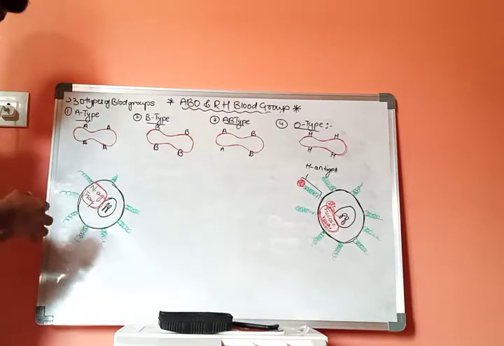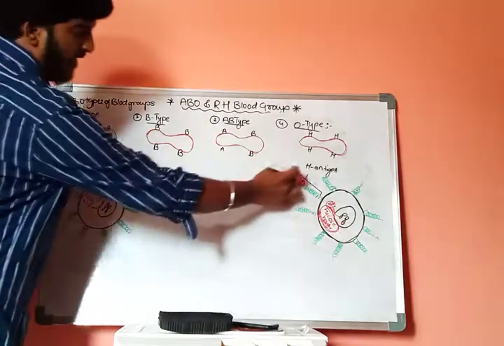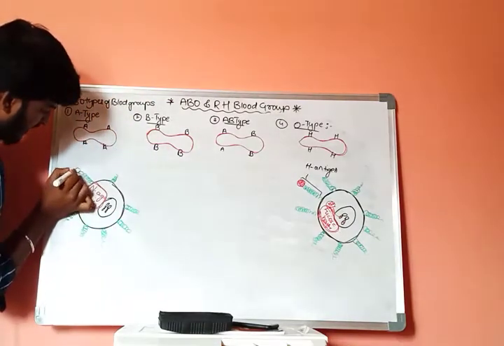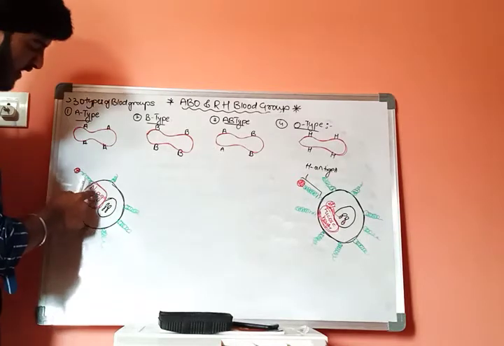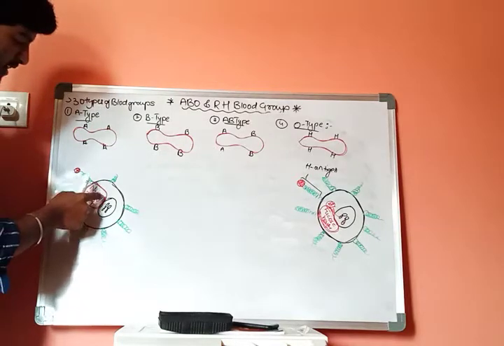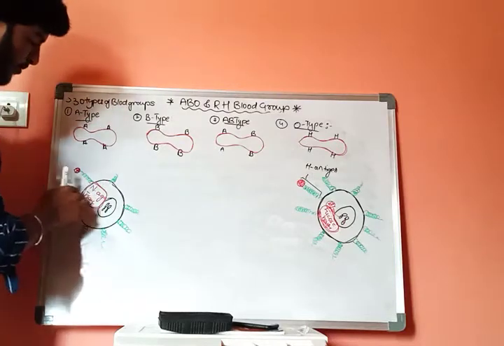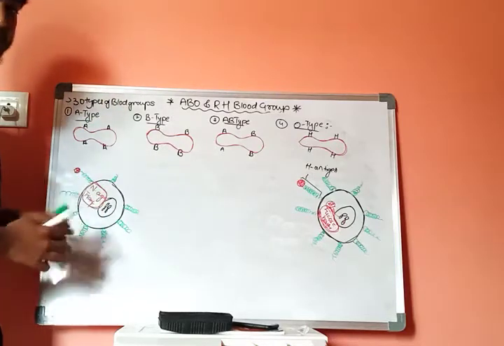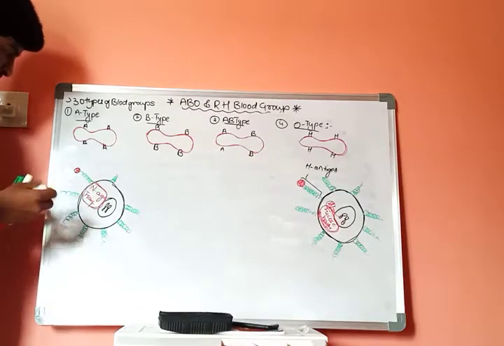Now, as there is H type of antigen, the function of this enzyme is that N-acetyl galactosamine will get broken off and attached to this H type of antigen.